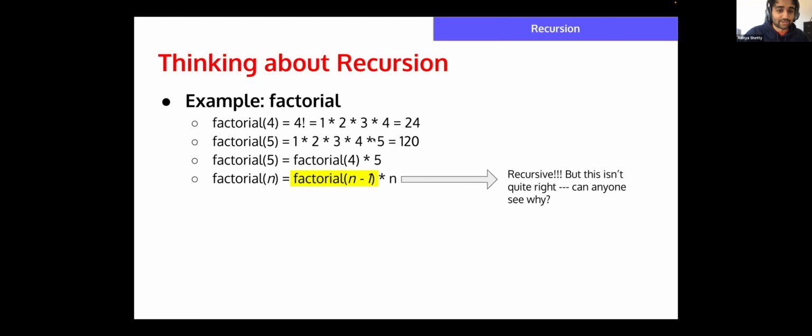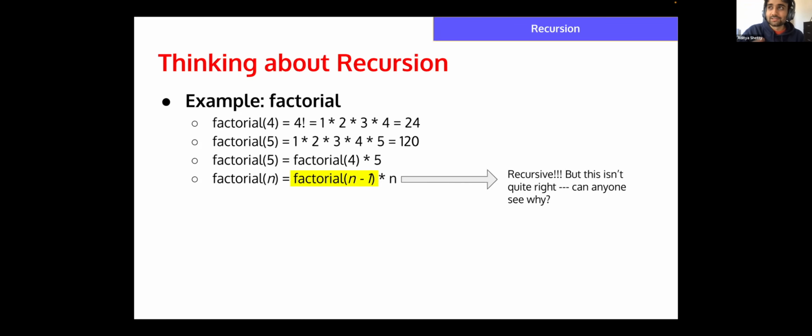And then 5 factorial is 1 times 2 times 3 times 4 times 5. I'm sure you've noticed the pattern here: the factorial of 5 is just the same as the factorial of 4 multiplied by 5. And this will hold true for any positive value, where the factorial of n is the factorial of the previous number multiplied by the current number.